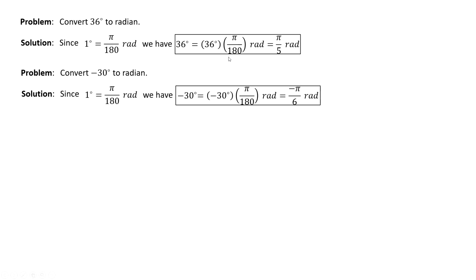The point I was trying to make is we are actually supposed to have 180 degrees here, pi over 180 degrees, so that the degrees here will cancel with the degrees there, and we'll have 36 going into 180, giving us just a 5. The degree and degree cancel, leaving us with pi over 5 radian.